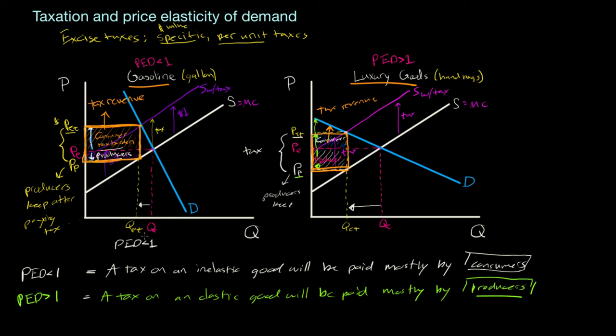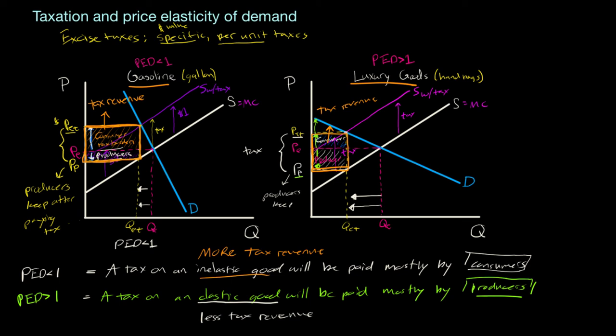The tax revenue generated from an inelastic good will be greater. So we can say there's more tax revenue when taxing an inelastic good compared to an elastic good, which will have less tax revenue. And the reason for this is that taxing an inelastic good will have a smaller impact on the quantity sold than taxing an elastic good.